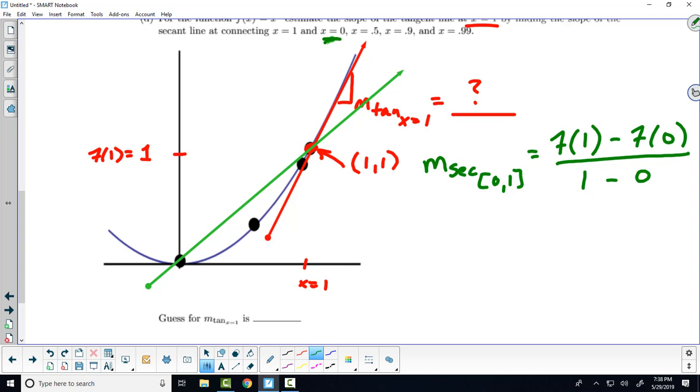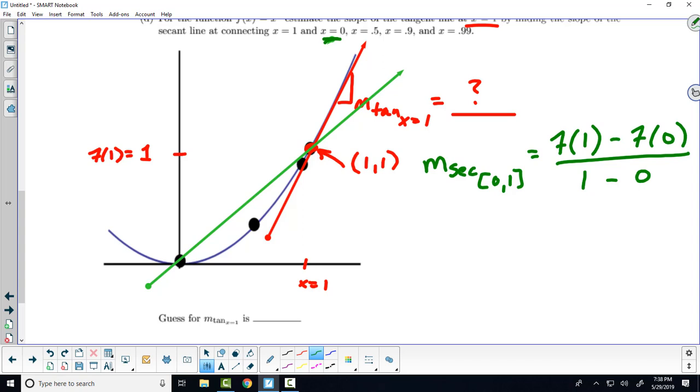Some of you are completely comfortable with this. Some of you are feeling a little bit nervous about this. Okay? This is just our slope formula, right? y2 minus y1 over x2 minus x1. That's all I've done there, except I've replaced x1 with 0 and x2 with 1.